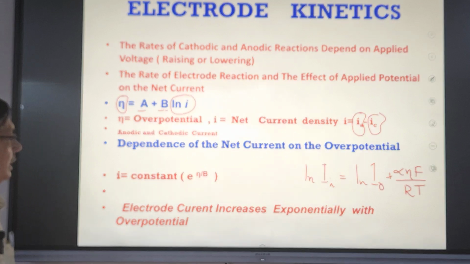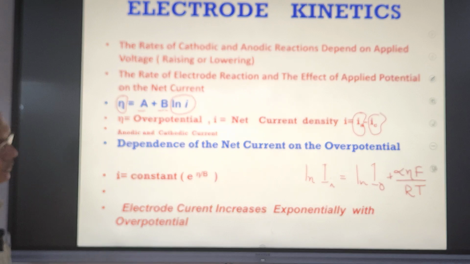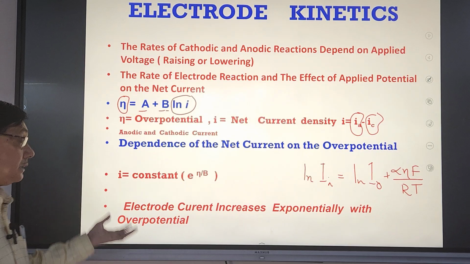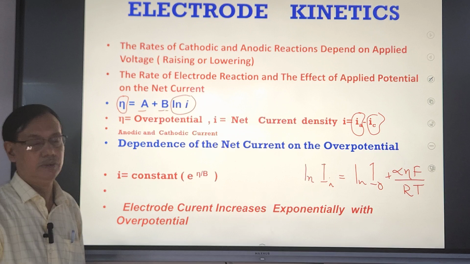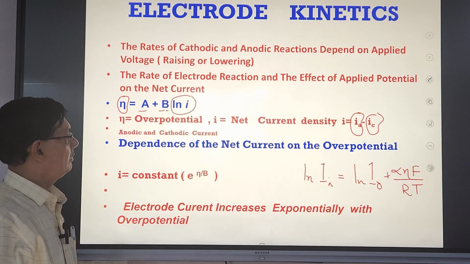So electrode current increases exponentially with the overpotential, and there is a relationship between the exchange current and the overpotential in the Butler-Volmer equation. That is also one form.